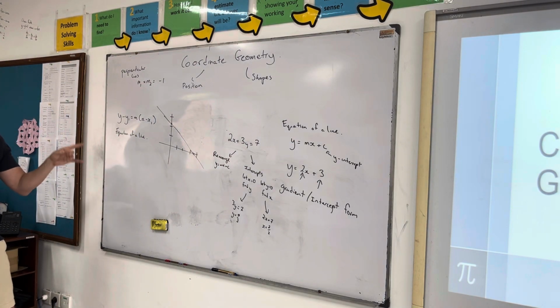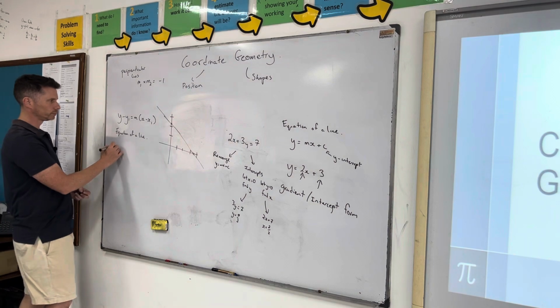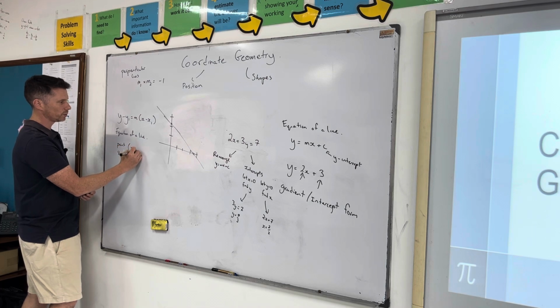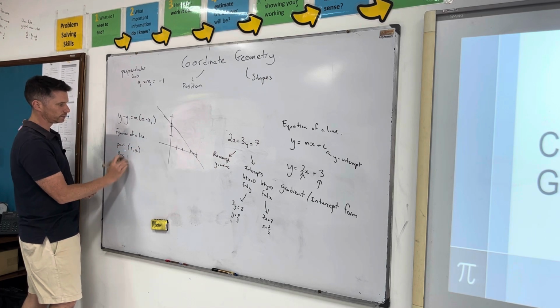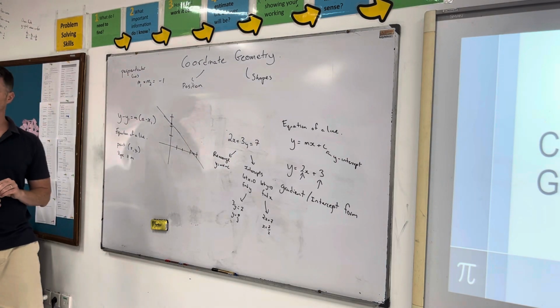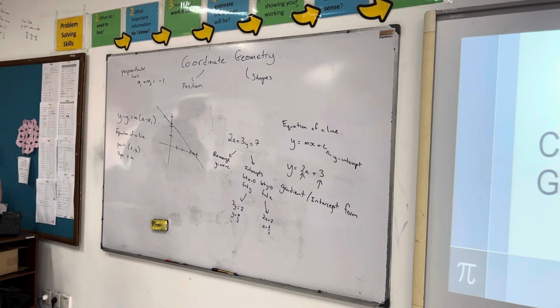What bits of information do you think are needed to fill in? Yes, you have a point and a slope, x1, y1, and the slope. If you have these two bits of information, you can get the equation of the line using this formula. Some people call it the point slope formula.